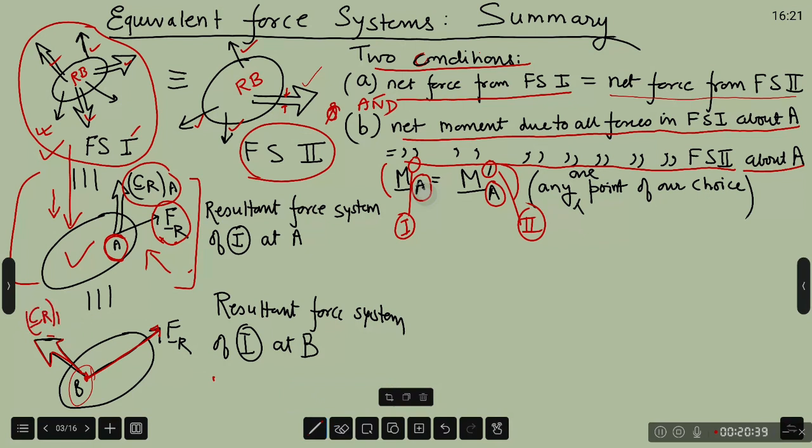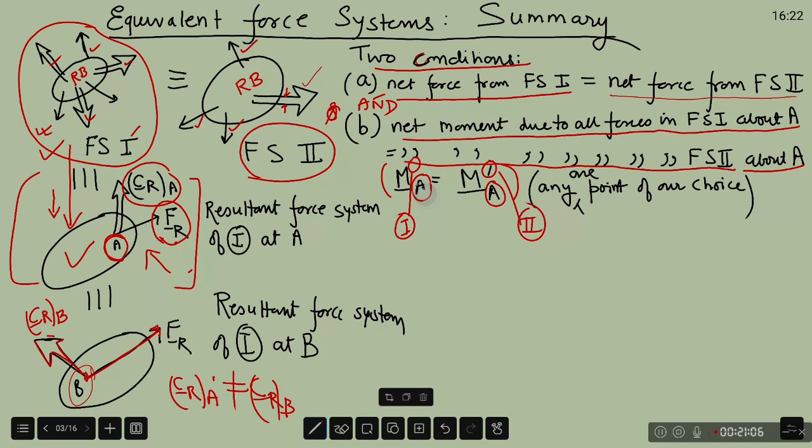And note that CRA and CRB are not the same. They are related, there is some relationship, but they are not the same. What exactly the relationship is, is a detail which has already been covered in the previous lecture. Okay, this is what we did.